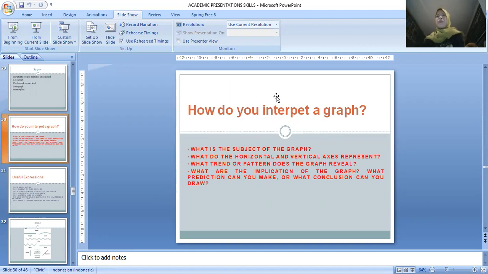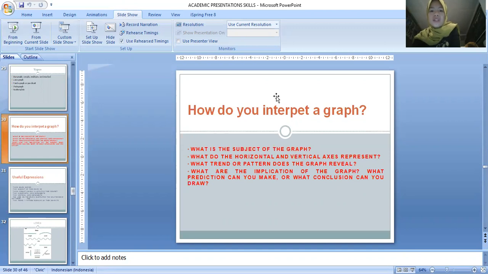And then when you verbalize the data in the form of a graph, the first thing that you have to interpret is the subject of the graph. What is the subject of the graph? What is the title of the graph? After that, what do the horizontal and vertical axes represent? Pay attention to the horizontal axis. What does the horizontal axis represent? And then look at the vertical axis.